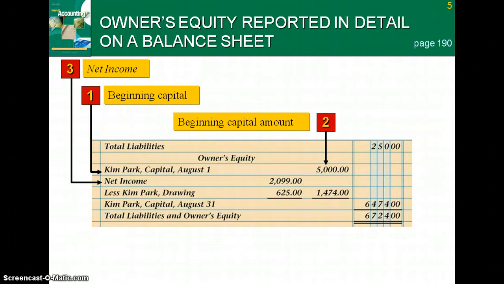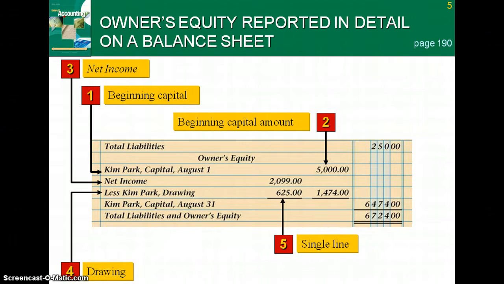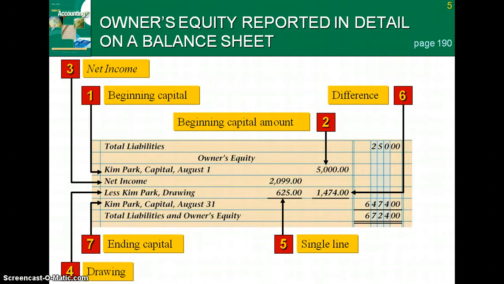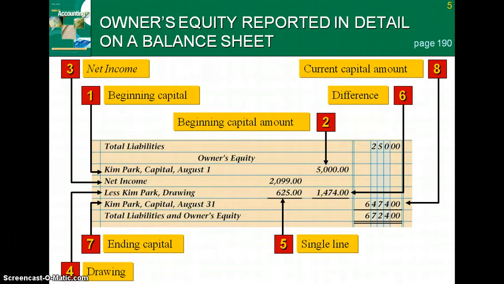In this case it's $5,000. Write down your net income, $20.99. Then your drawing, which is $625. So you're going to take your $20.99 minus $625, which is $14.74. Then you have to figure out your ending capital, which would be $5,000 plus your $14.74 since we had a net income. And that's our current capital amount of $64.74.